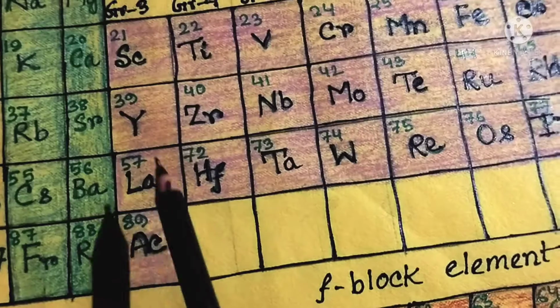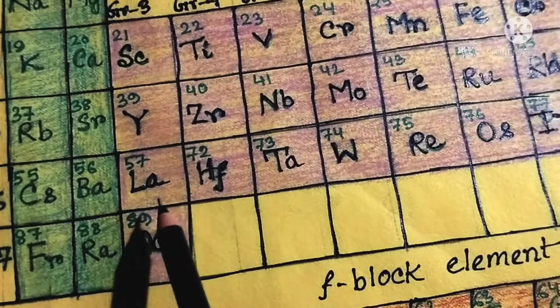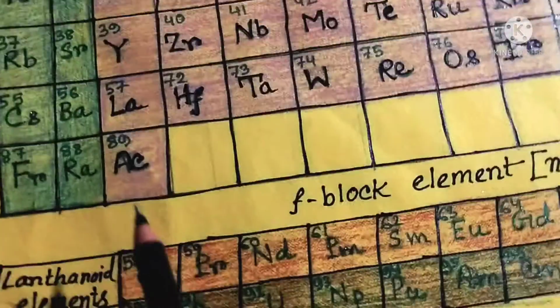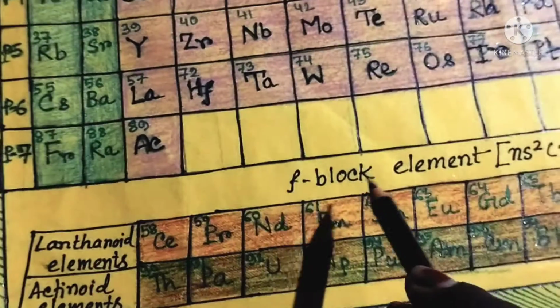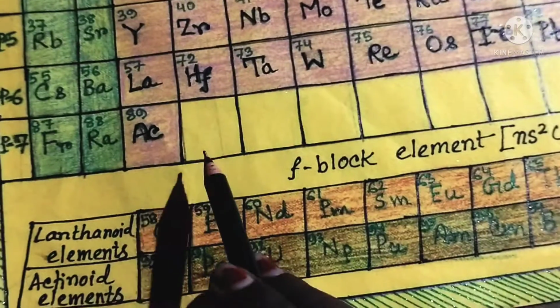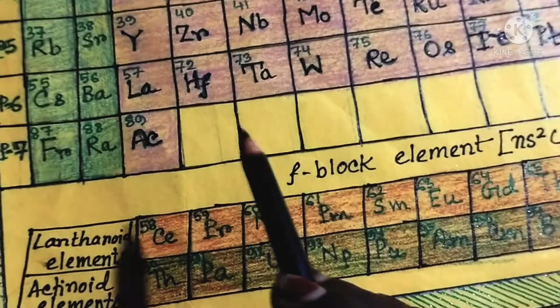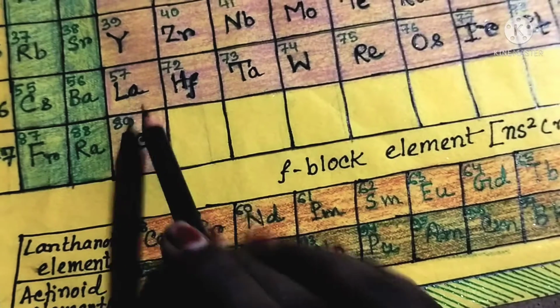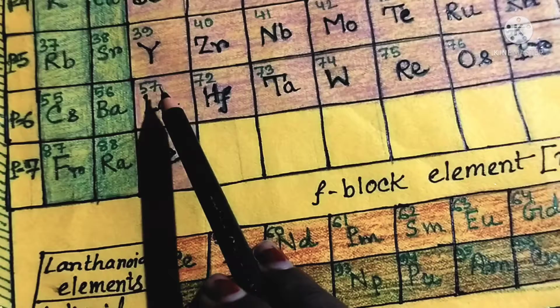And lanthanum here is 57. Remember this thing: after lanthanum there are 13 elements which possess F block. So we write them below the periodic table. They are called lanthanoid elements. The atomic number of lanthanum is 57.